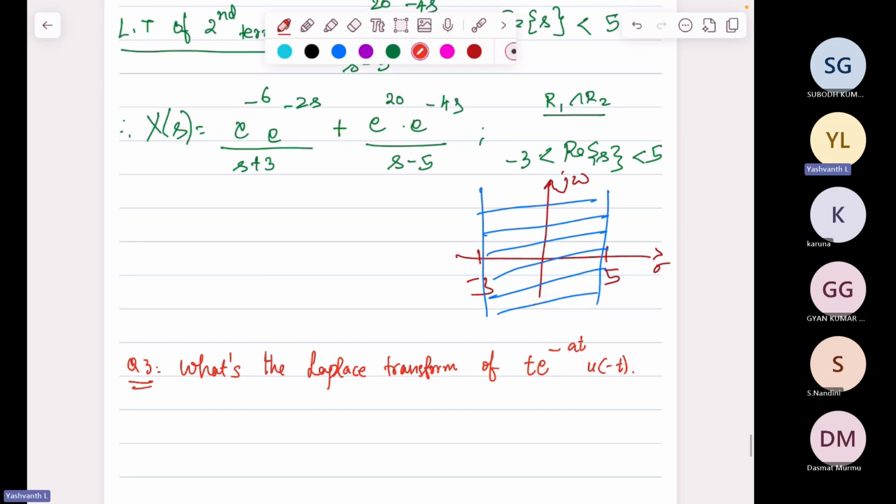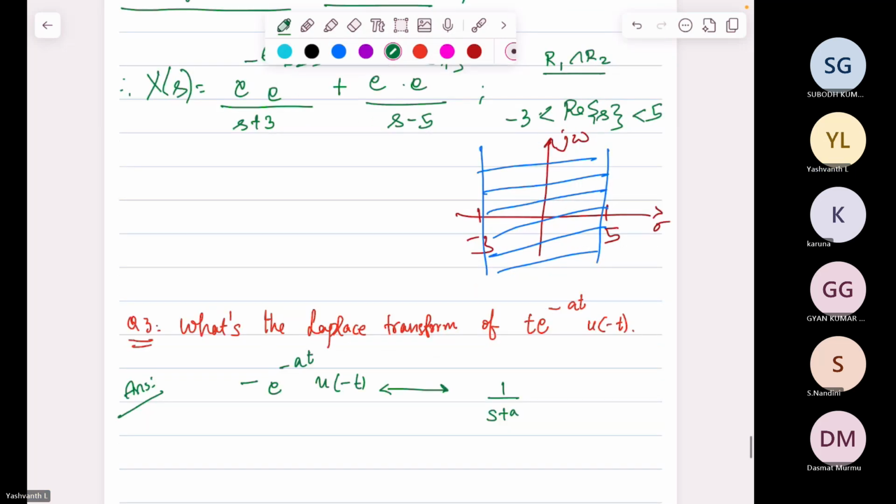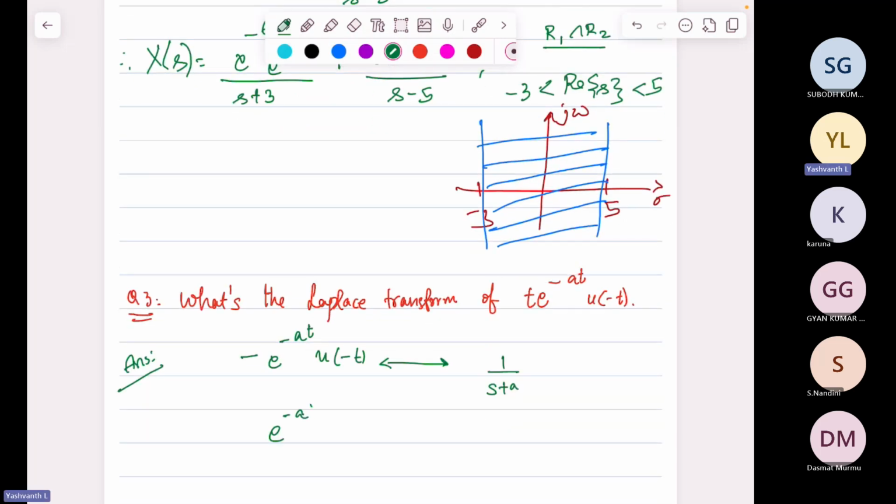Now what we will do is quickly recollect the properties of the Laplace transform. Minus e power minus at into u of minus t will have the Laplace transform 1 by s plus a. So e power minus at into u of minus t will have the Laplace transform minus 1 by s plus a, because it's just linearity, right?